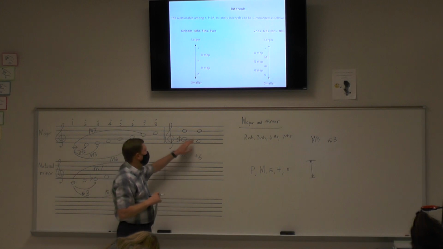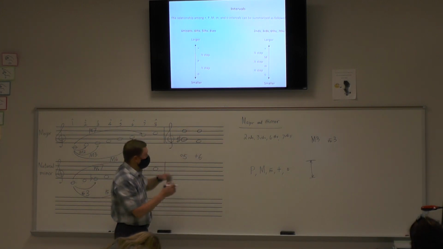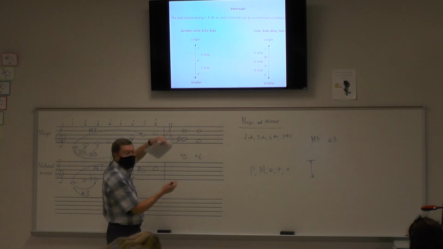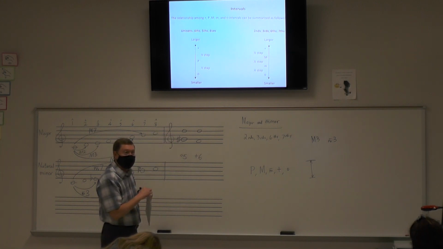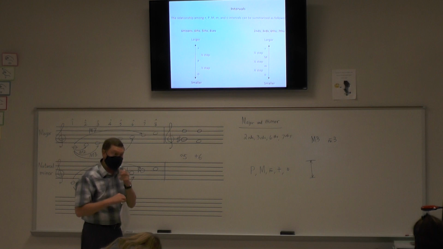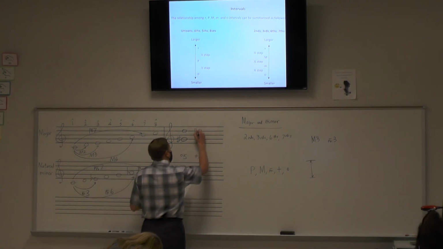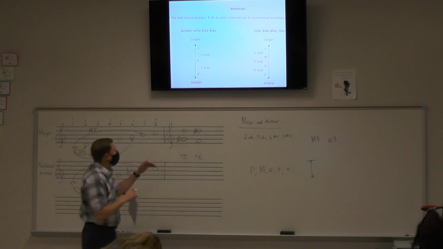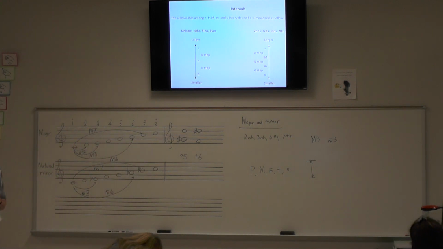Okay? Now, again, this one is the given one. So what do we do to the D to make the space just a half step larger? We raise it a half step. And so it'll become D what? D sharp. That's right. So F up to D sharp turns out to be an augmented sixth interval.